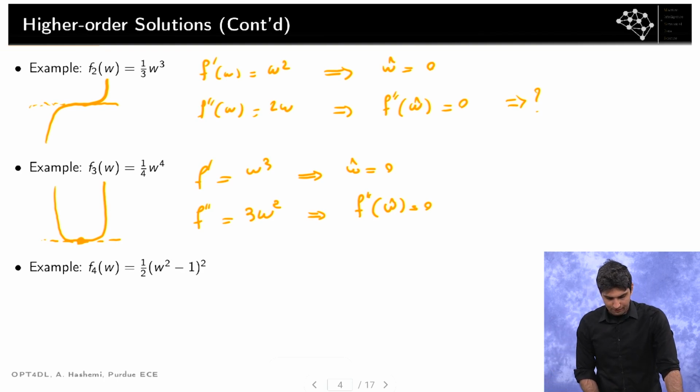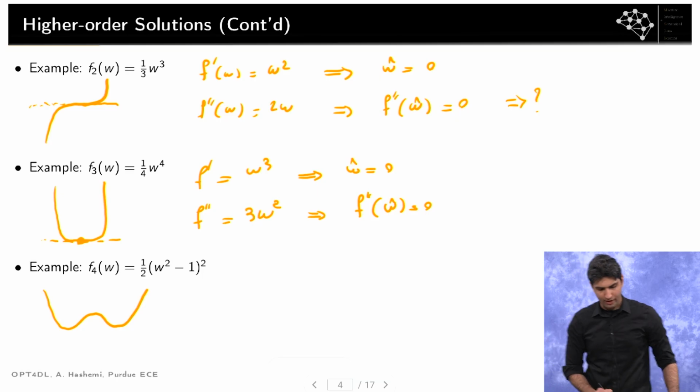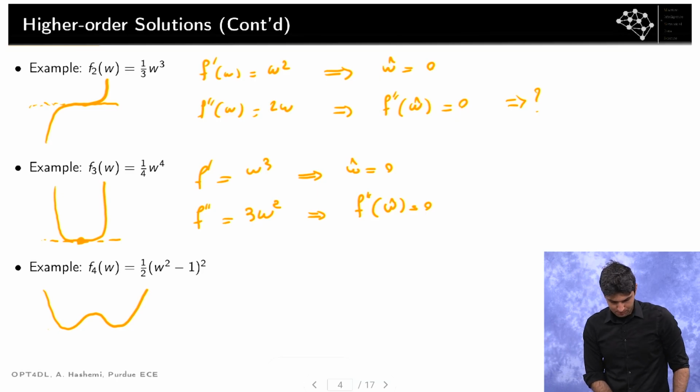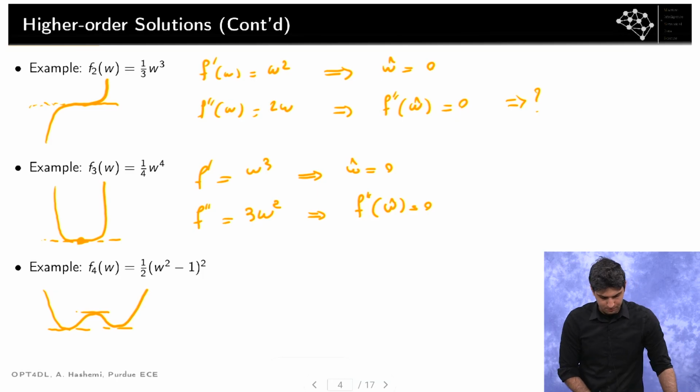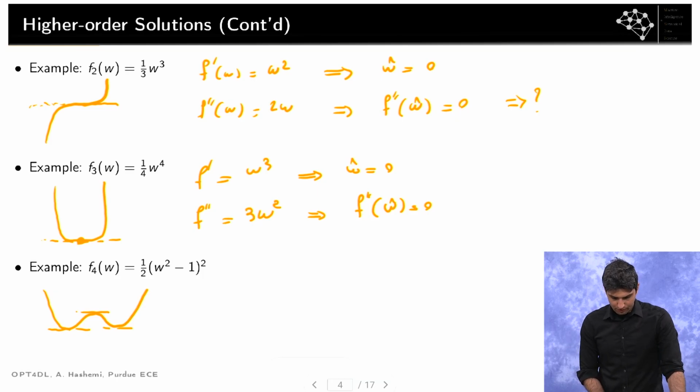All right. And finally, let's consider this other example. If I were to plot this, it's going to look something like this. I have two global minima, one here and one here, and then I have a local maximum. If I calculate the derivative, it would be basically 2w times (w squared minus 1).